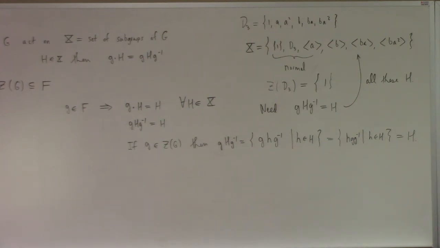It's for all H that it has to be. Yeah, we're looking for specific G. How about like B? Is B in there? Is B H B inverse, which is B?